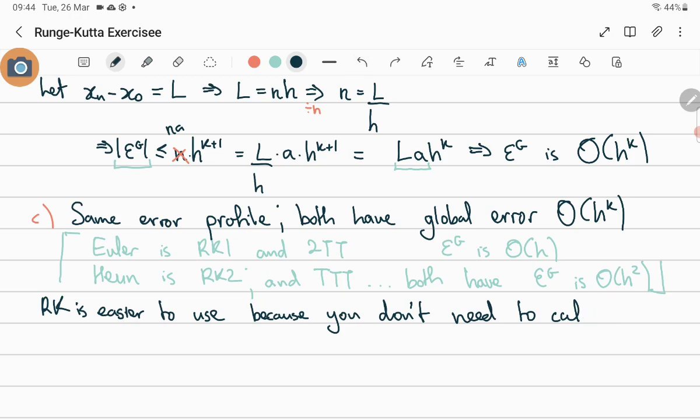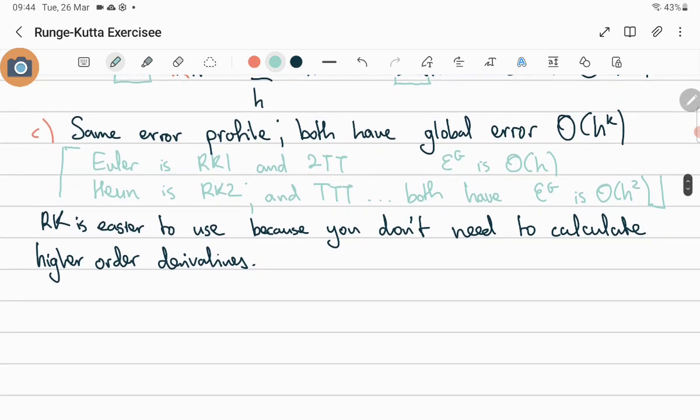For a 4-term Taylor method, you'd have to calculate a second derivative and a third derivative. I haven't written implicit differentiation here because it says dy/dx is equal to just a function of x.